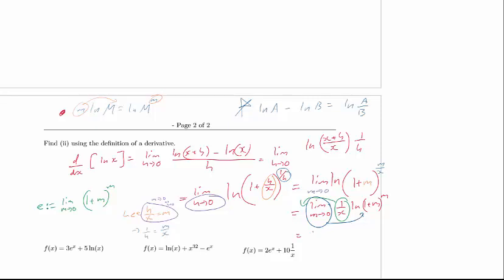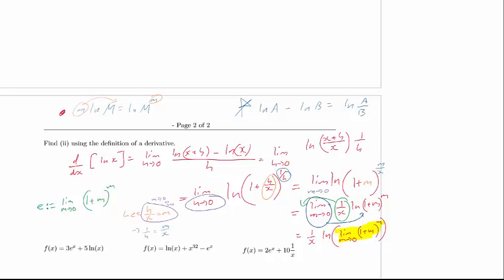So that we get 1 over x times the natural log of the limit as m approaches 0 of 1 plus m raised to the m. Let me highlight this for you.